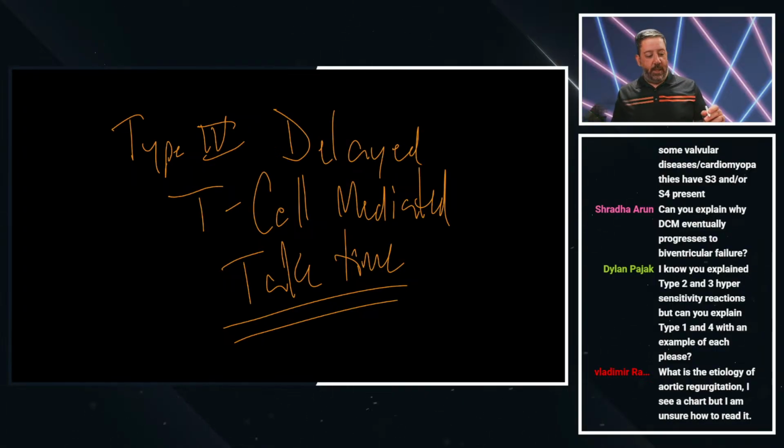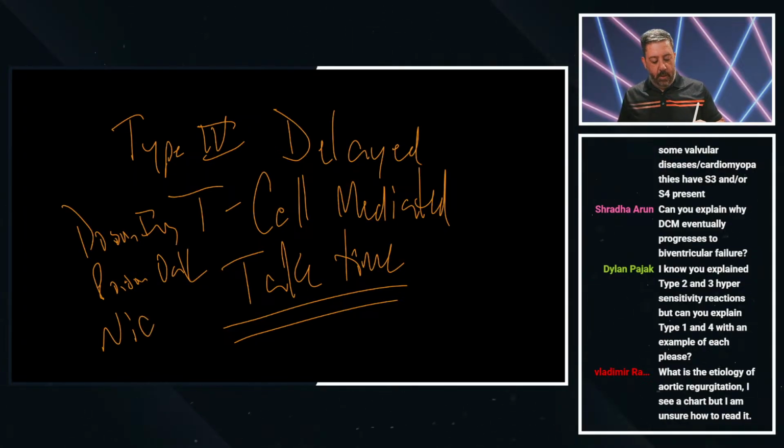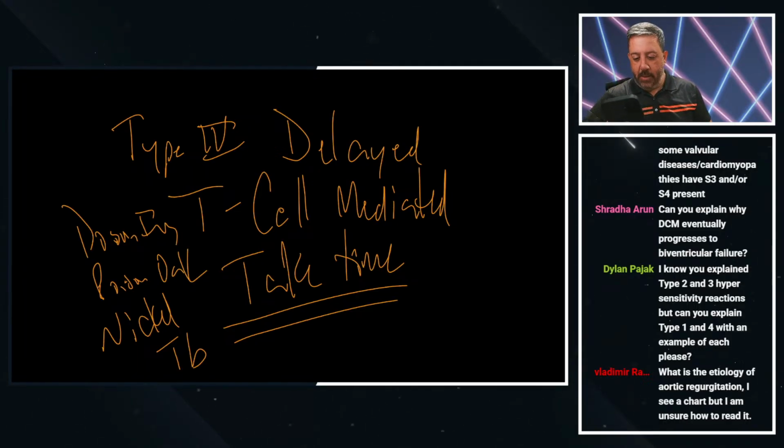So with delayed type 4, this is your poison ivy, poison oak, nickel allergy, your TB test. Those are all type 4 reactions. They're delayed, it doesn't happen immediately, but it takes a little bit, 24 to 48 hours for a response to kick in because this is T cell mediated. It takes a little bit of time for this one to kick in.